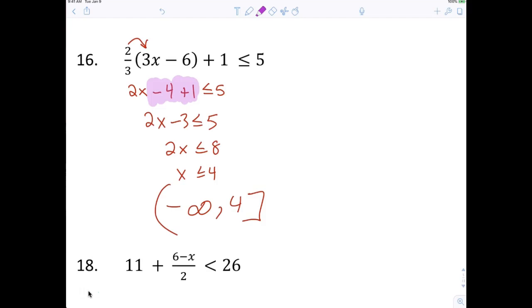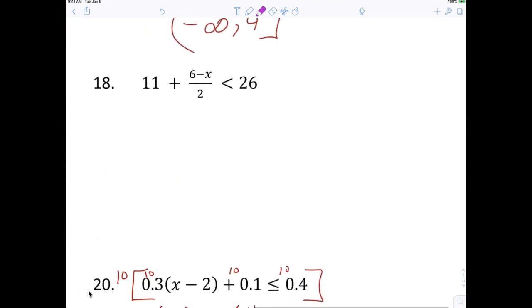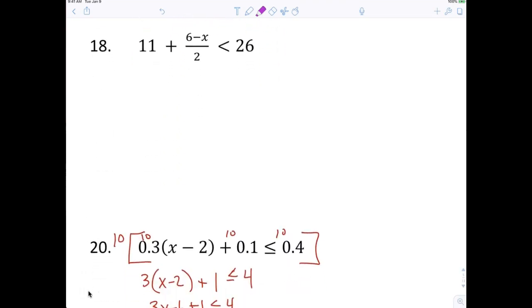Ben, good for you. All right, let's just jump to 18. Now in this particular problem, Ben, we're just going to get rid of the plus 11 by subtracting 11. Do you agree with me? So now I have 6 minus x over 2 is less than 15, right? Now I have division. How do I do division? Multiply both sides by 2.